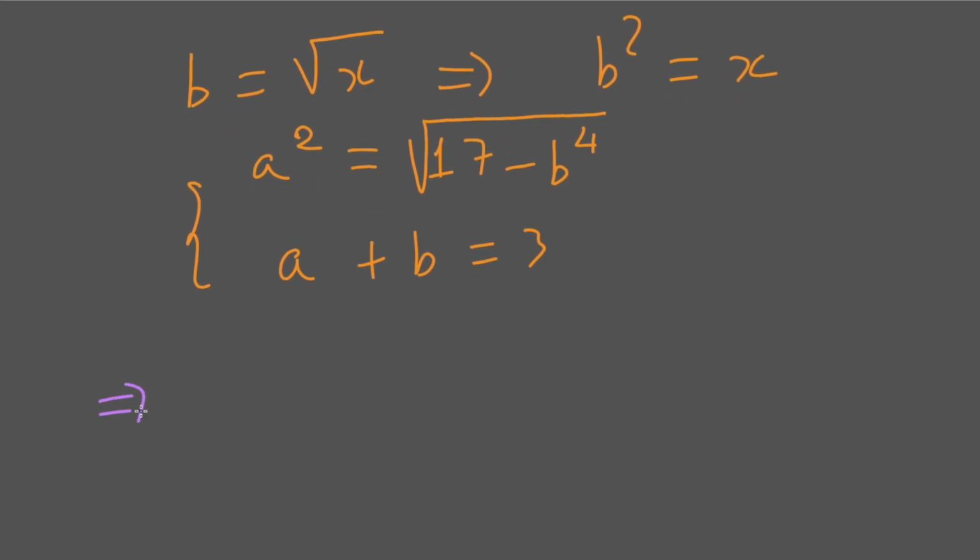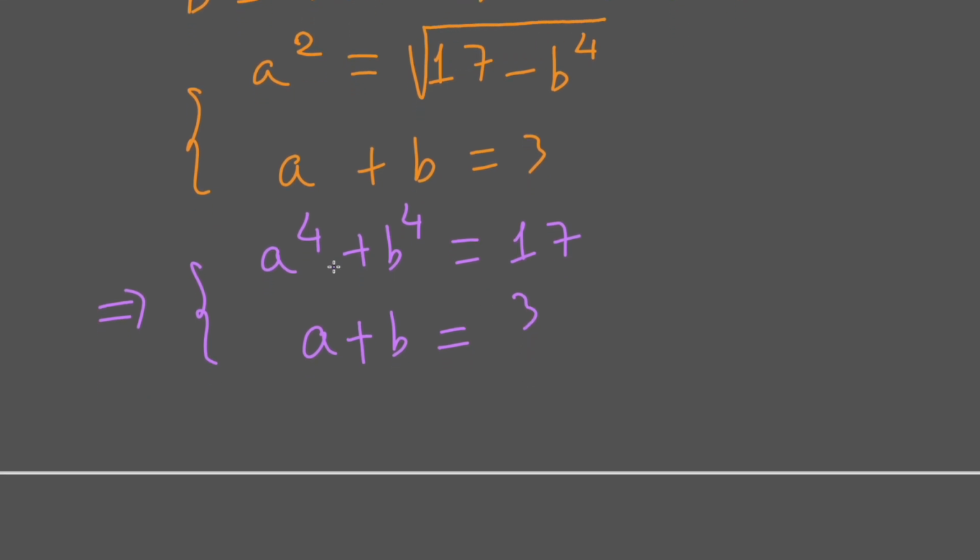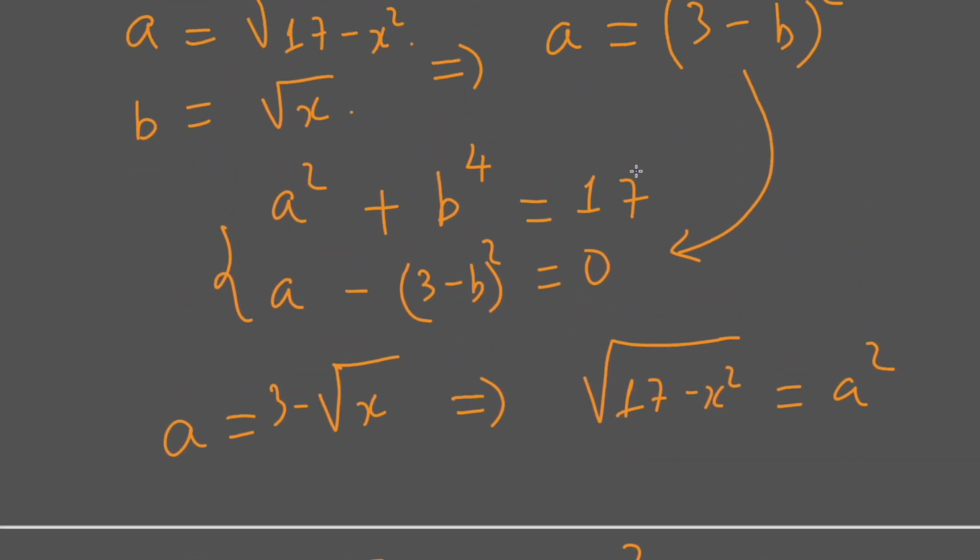From this, you will have a power of 4 plus p power of 4 equal to 17, and a plus p equal to 3. Then you see the form of this system of equations looks easier than the first one I mentioned to you.